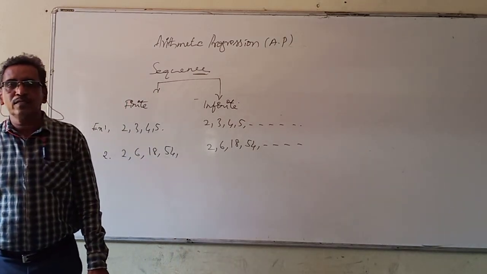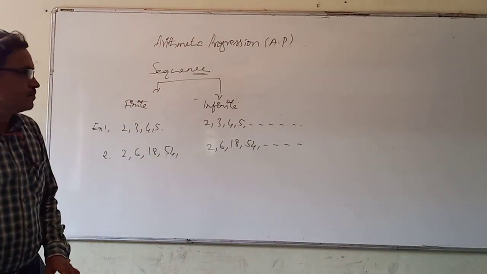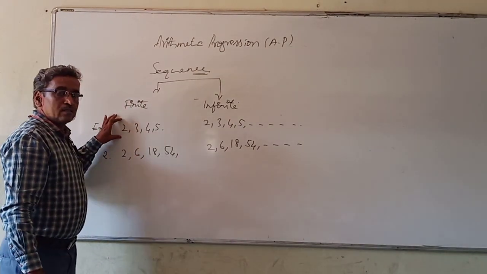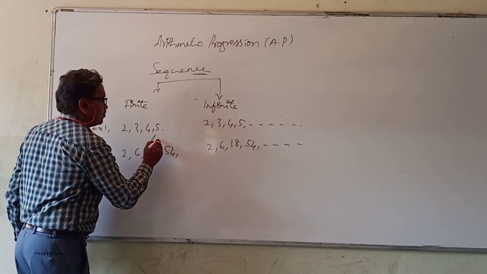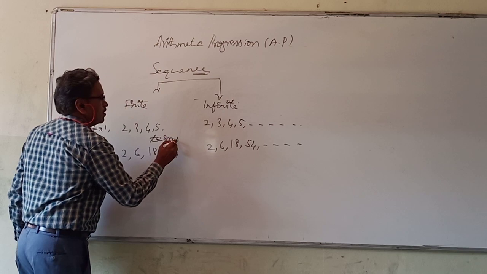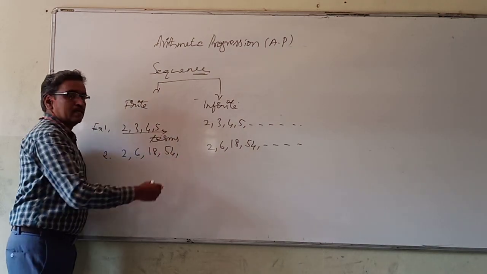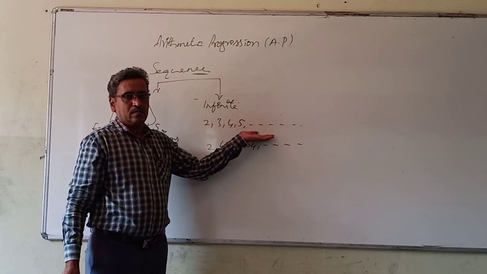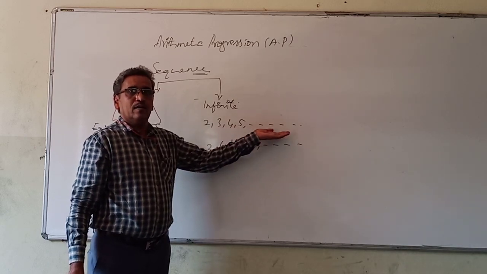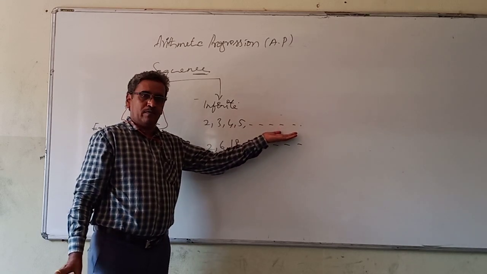When you are observing the types of sequence, the numbers here are the terms of the sequence. Here only 4 terms are there, but here we cannot imagine how many terms are there in this sequence.